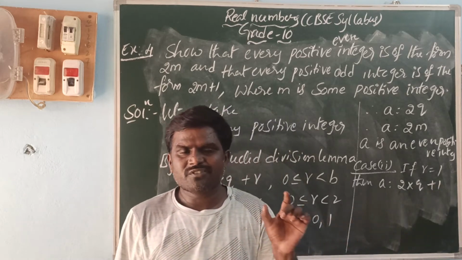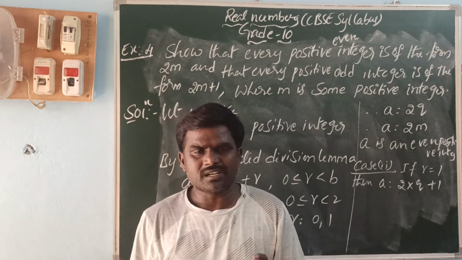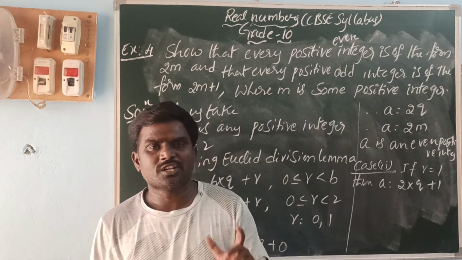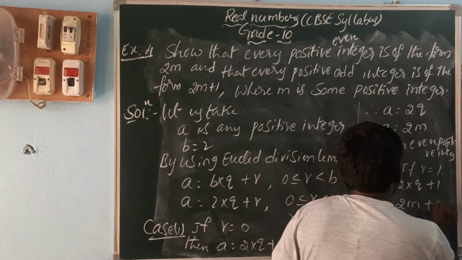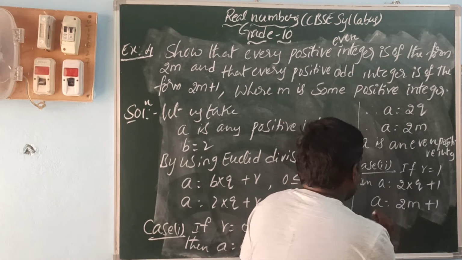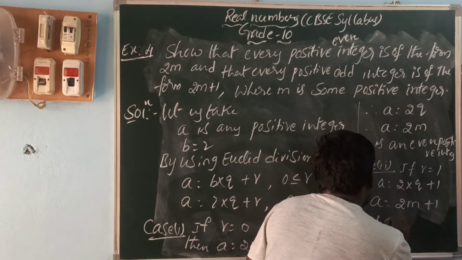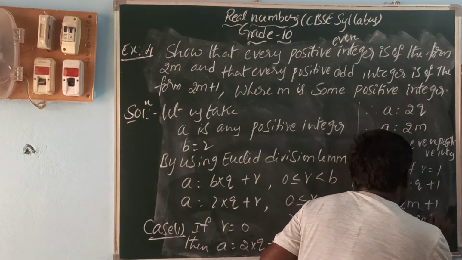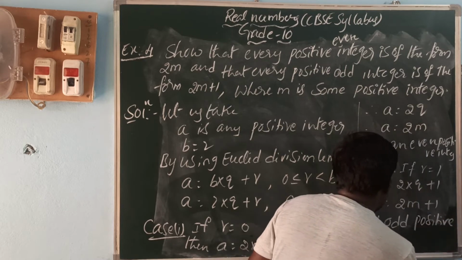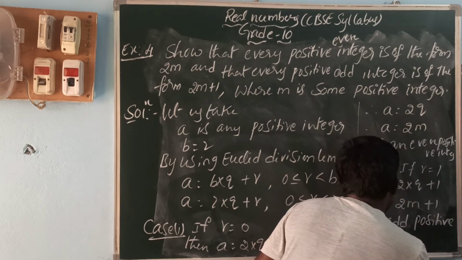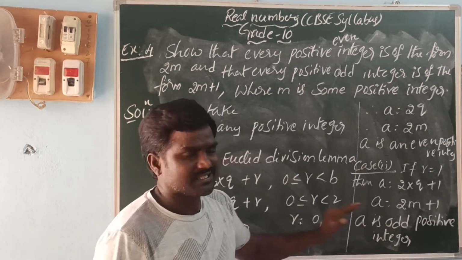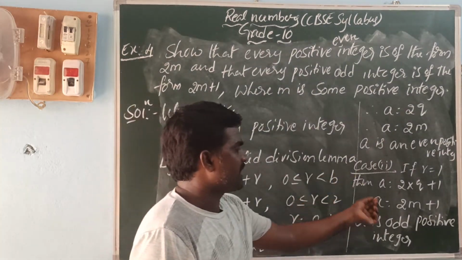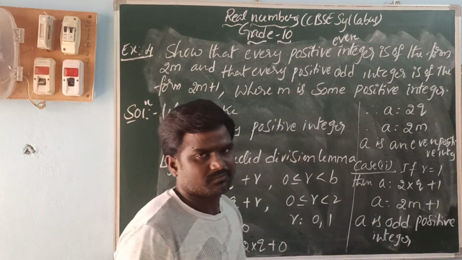A number which when divided by 2 leaves remainder 1 is called an odd positive integer. So therefore we can write it as 2 into m plus 1, where m is one positive integer. Therefore a is an odd positive integer. So here we can show that the integer is in the form of an even integer and an odd integer in the cases where remainder is equal to 0 and remainder is equal to 1.